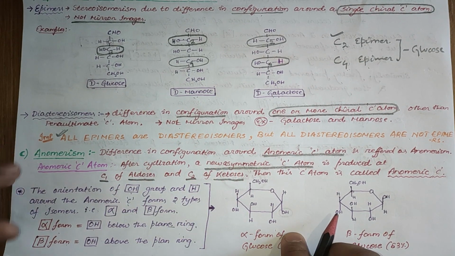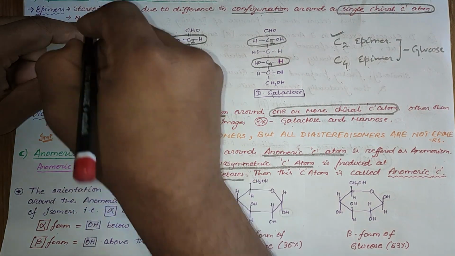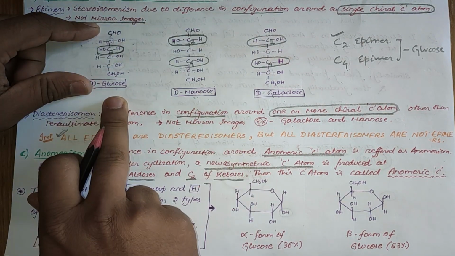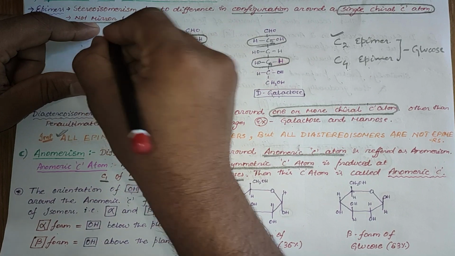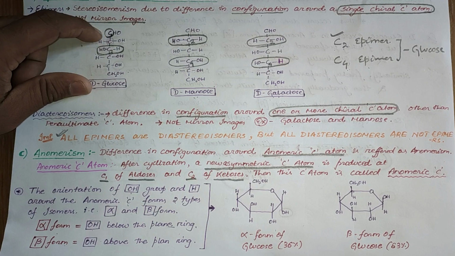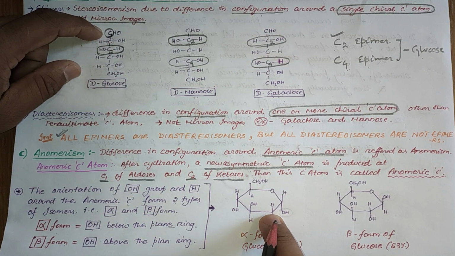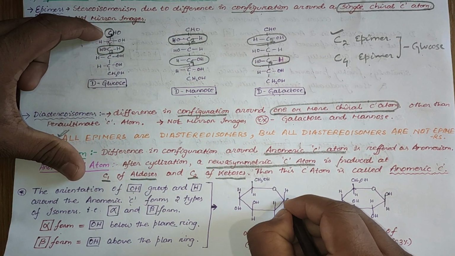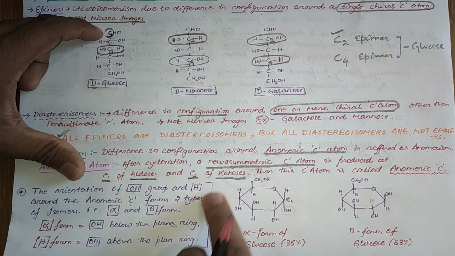If you see the structure of glucose, glucose is an aldose, so C1 of glucose will be an anomeric carbon atom when it undergoes cyclization. Here you can see C1, it is the glucose example.